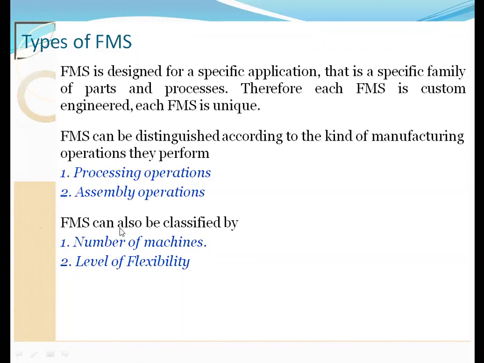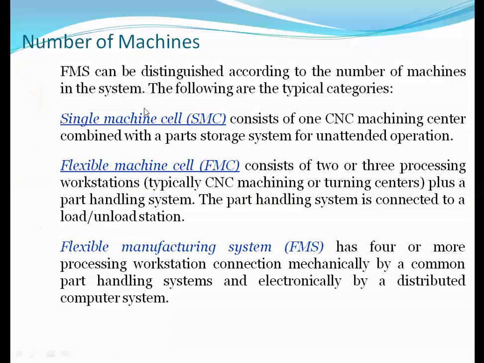Again, the FMS can be classified into two types based on the number of machines in a flexible manufacturing system and the level of flexibility, to what extent the flexibility is adopted or accessible. The processing operations and assembly operations are the normal operations in any kind of industry. Now we'll see the classification based on the number of machines.